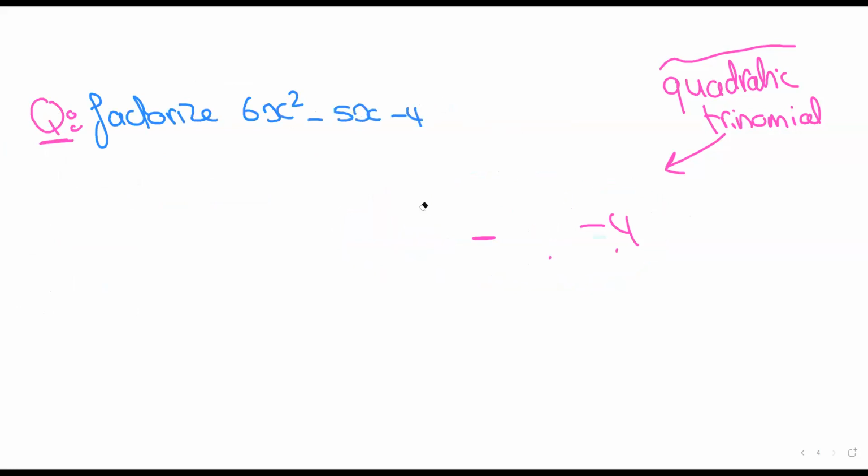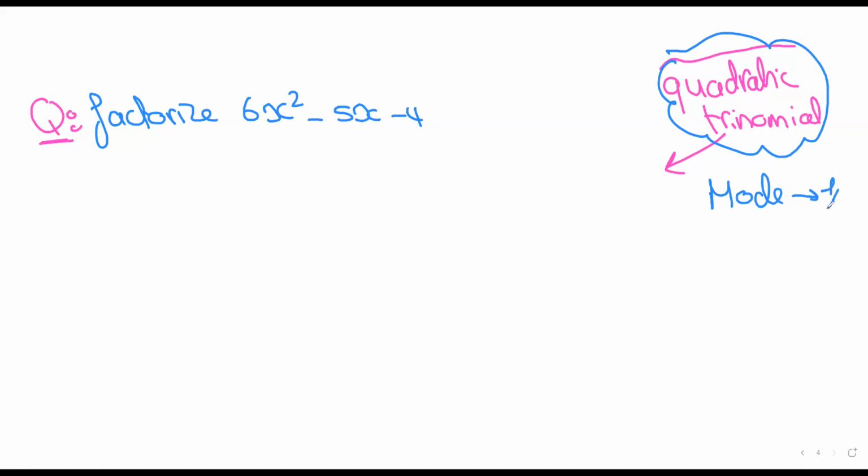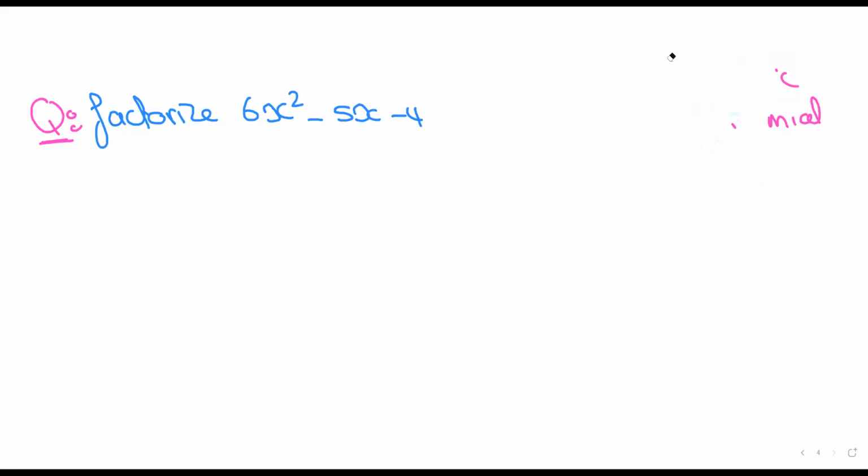This is my objective. How do we factorize quadratic trinomials? Again, let's do the steps together. If you want to change the calculator back to normal, you press mode 1. I'll start again from the beginning. Press mode 1 and the calculator changes back to normal. Let's start from the beginning. On your calculators, press mode.